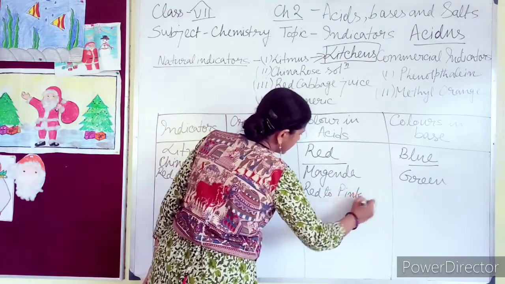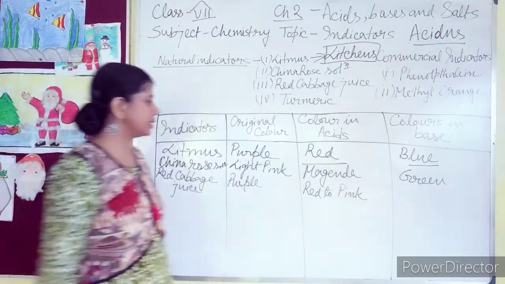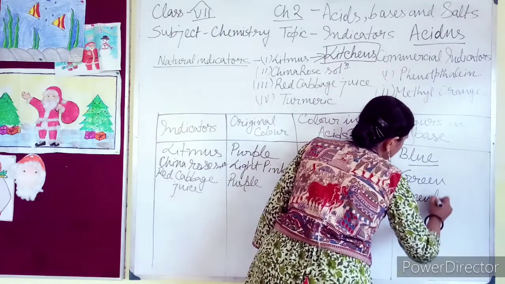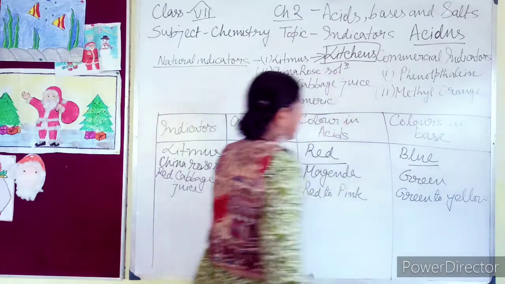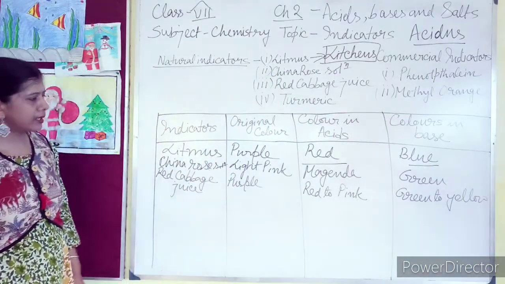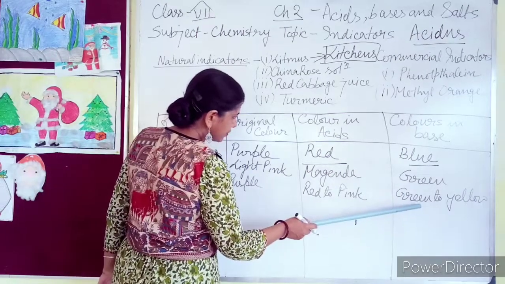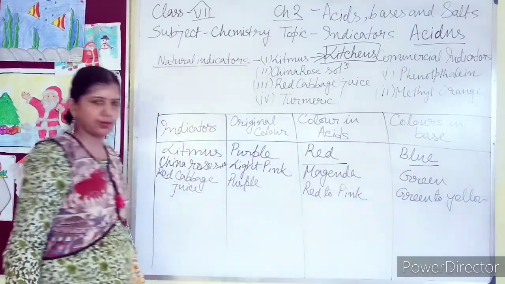Sometimes red, sometimes pink. In basic solution the color is green to yellow. Some bases are strong bases, some bases are weak bases. So according to strong base and weak base, the color changes from green to yellow. In weak it is green, in strong it is yellow.